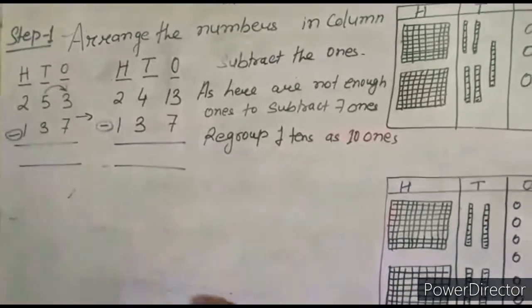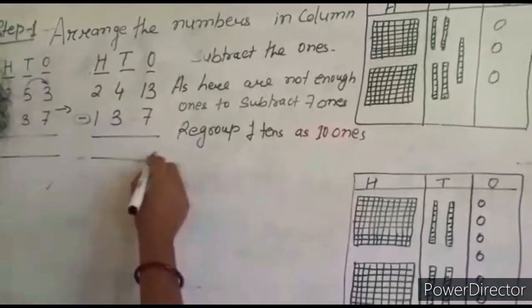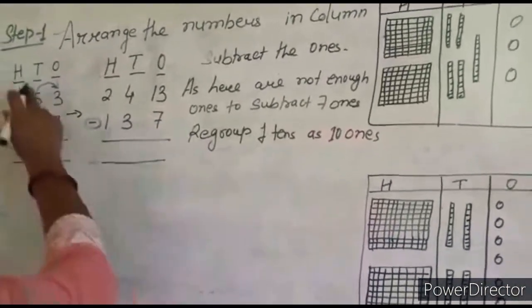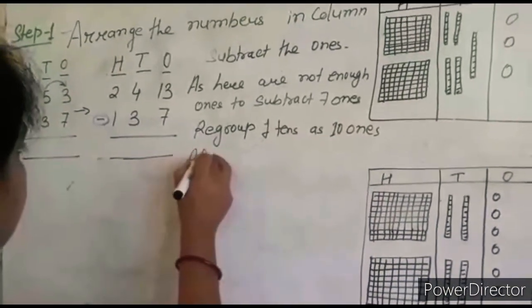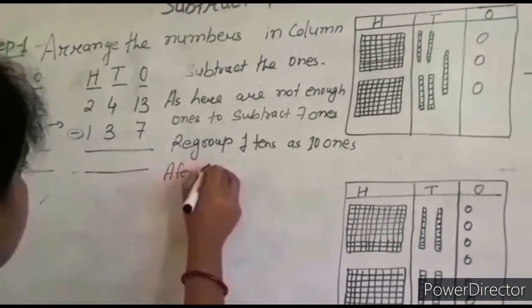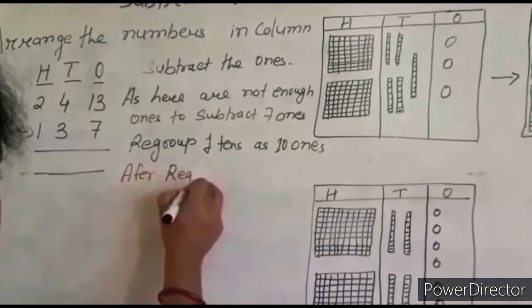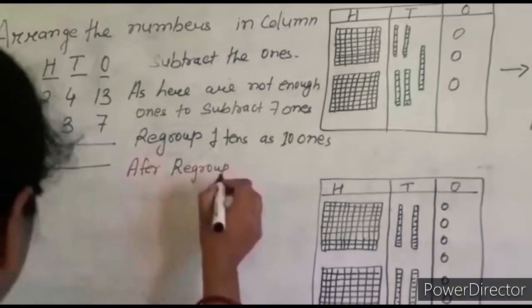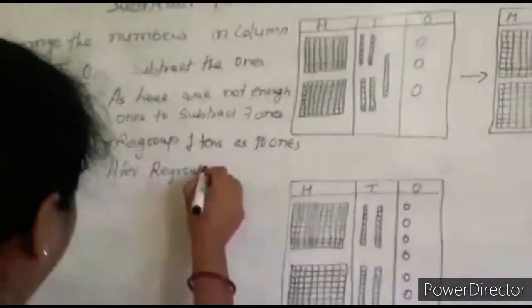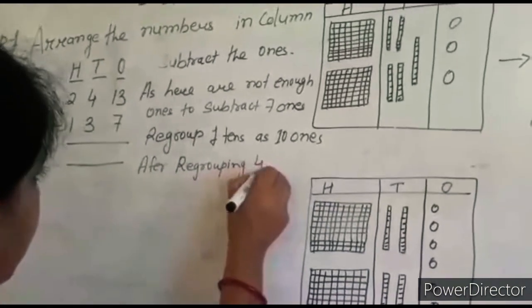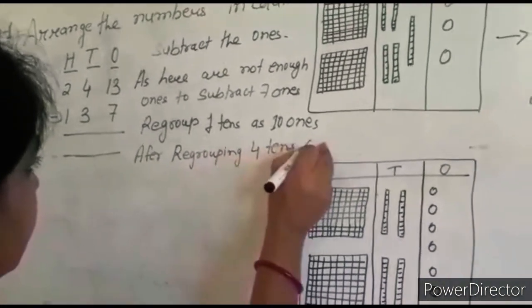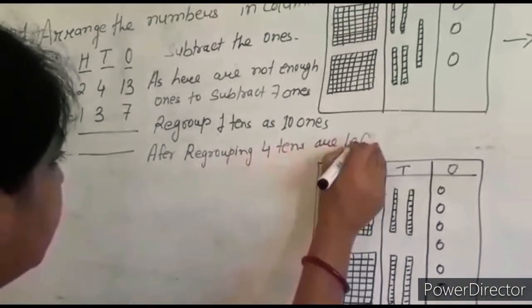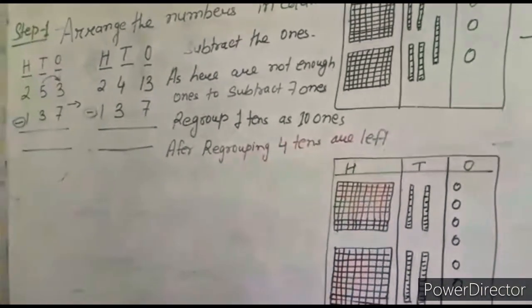So after regrouping, in the tens place, 4 tens are left.